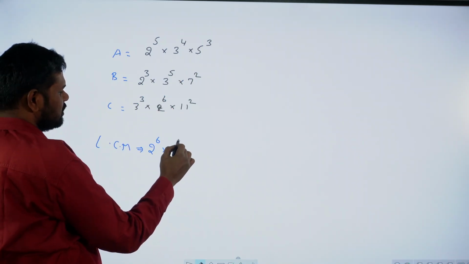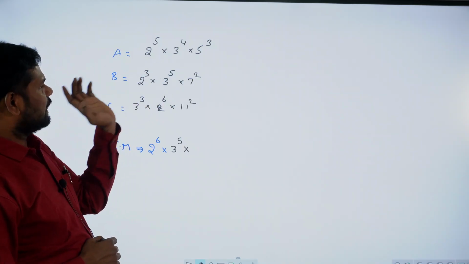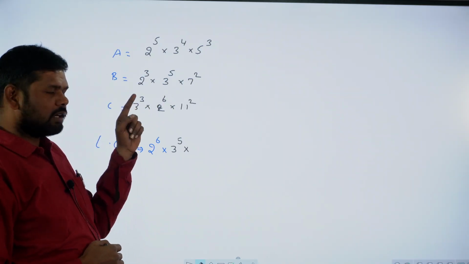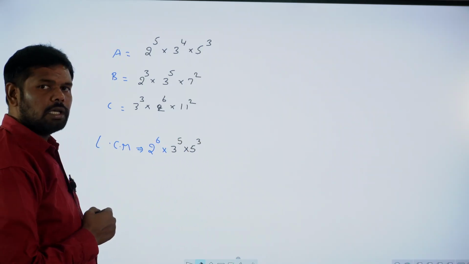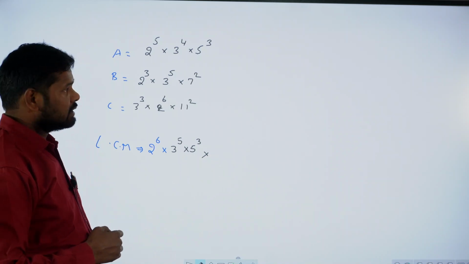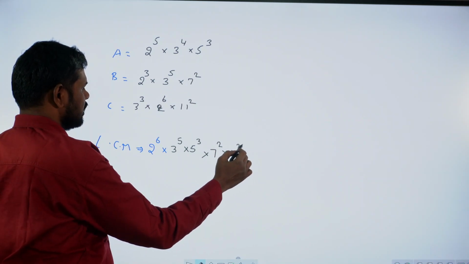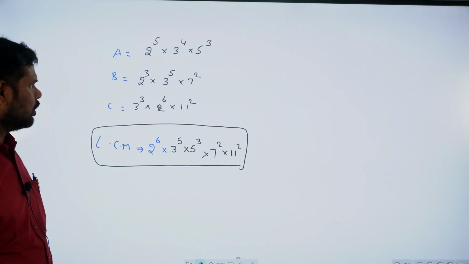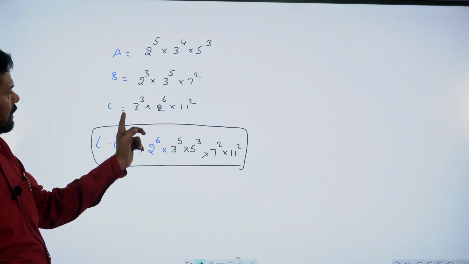Which one is the highest? 3 power 5. Then 5 is only present in A. It is not present in B and C. But you need to take that 5 power also in the LCM. So 5 cube is in the LCM. Then 7 square is also there, and 11 square is also there. So the LCM of the given three numbers is 2 power 6 into 3 power 5 into 5 power 3 into 7 square into 11 square.